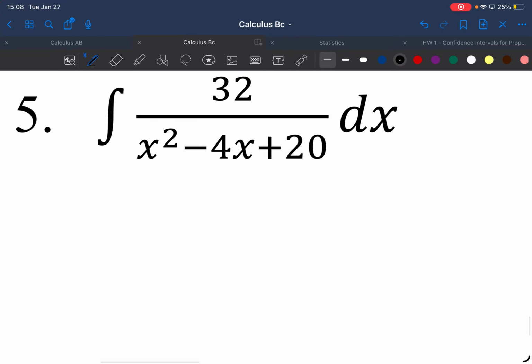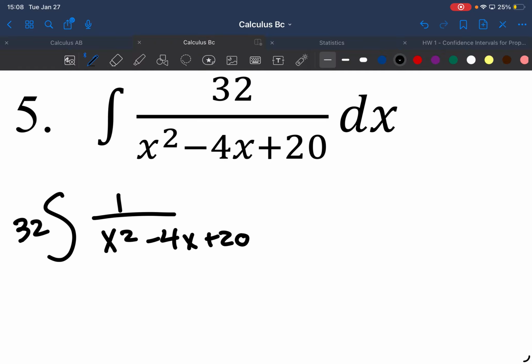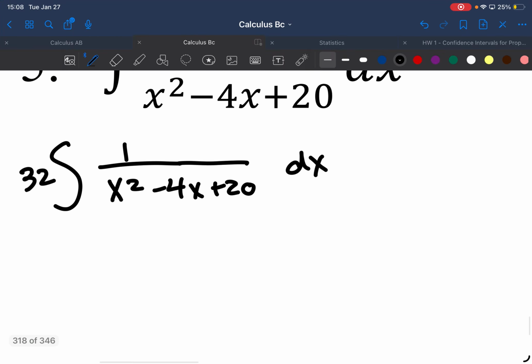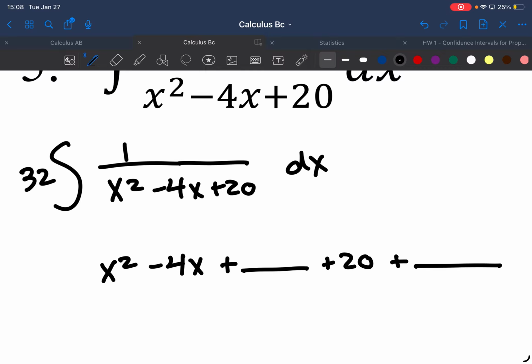Okay, so take out the 32. That's good. Anyone else? What's the next step? Find the square of x squared minus 4x plus 1. Good, so complete the square. That is correct. So x squared minus 4x plus blank plus 20 plus blank.